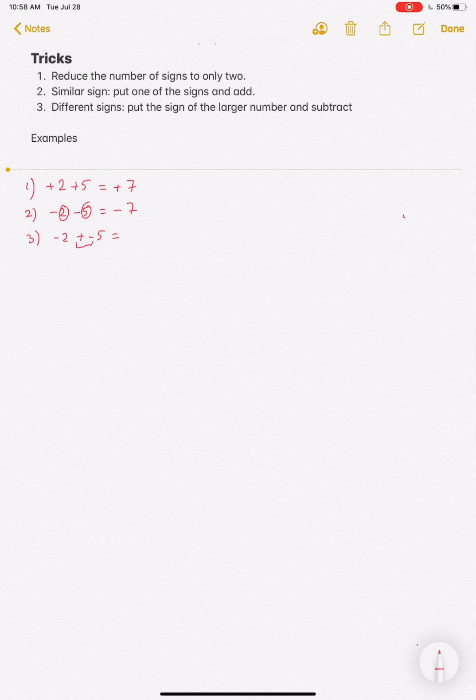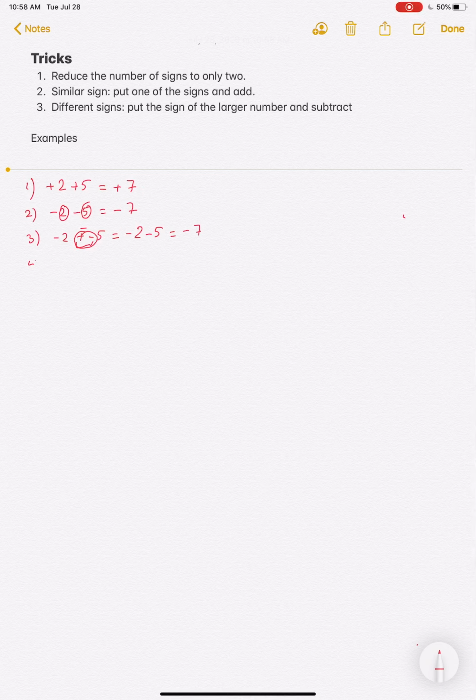In case of different signs, the only thing to do is to put negative. So I replace the plus and minus with minus sign. So we will have minus 2 and minus 5. And the answer is exactly the same as the previous example. Negative and negative is negative. 2 and 5 is 7.